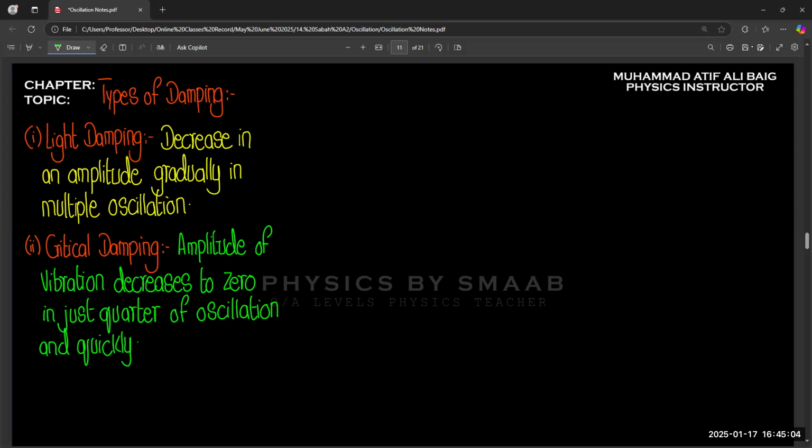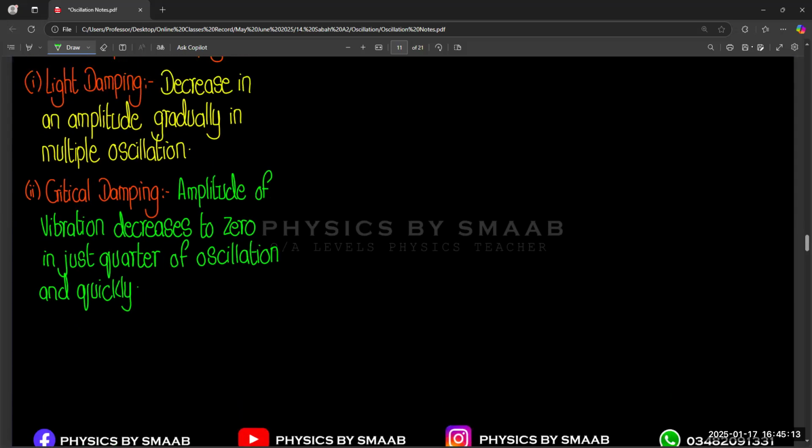And the third one is heavy damping. In heavy damping, the amplitude of vibration decreases to zero, but gradually, not like critical damping, in a very short interval of time, very quickly, but slowly.